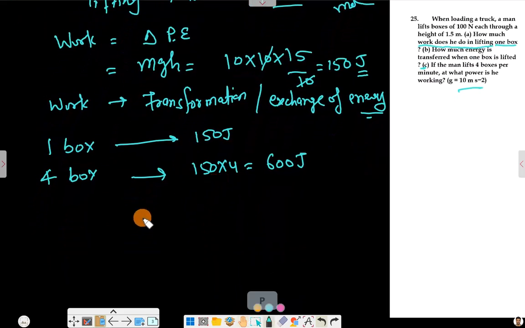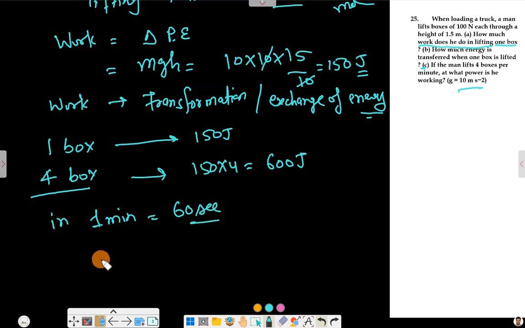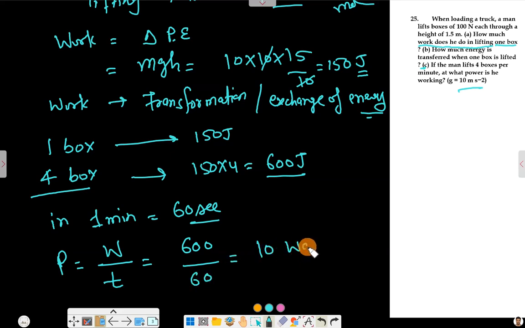Now it is mentioned that he lifts 4 boxes in 1 minute, or 60 seconds. For power we know it is work by time. For 4 boxes, work is 600 joule and time is 60 seconds. So it comes out to be 10 watt of power.